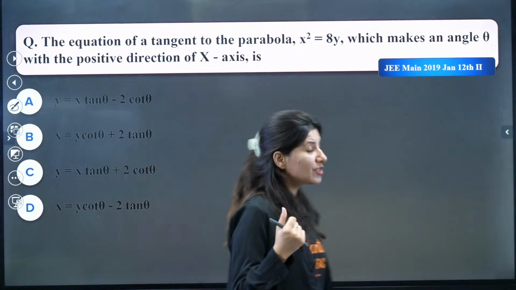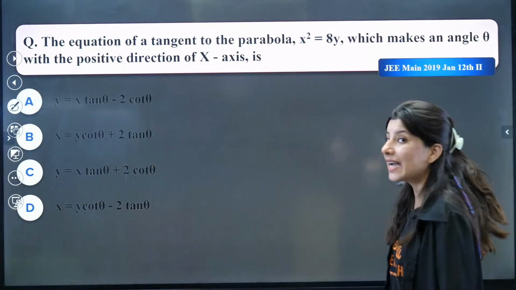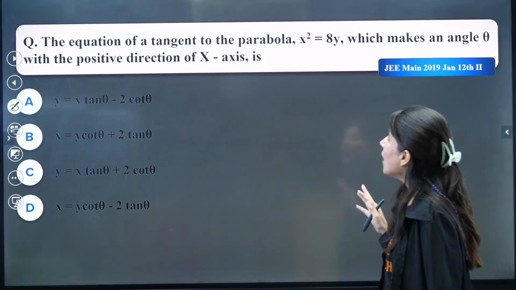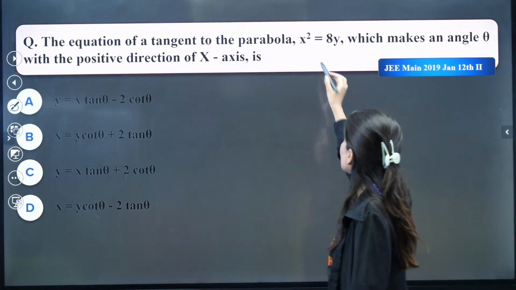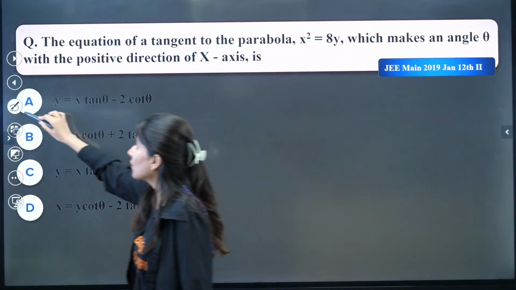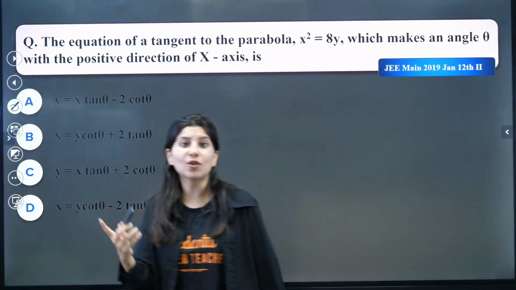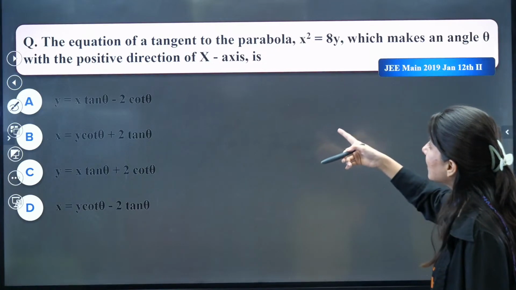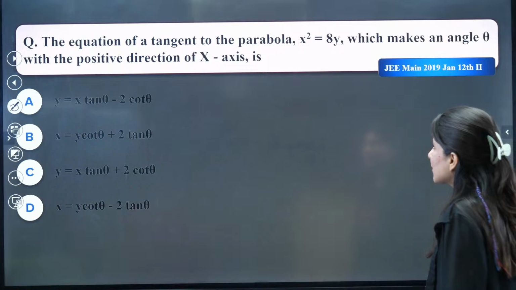Now we have a question from JEE Mains 2019, okay? And the question is related to the equation of tangent to a parabola. We'll understand this question nicely, okay? This is a very different kind of question. The equation of tangent to this parabola which makes an angle of theta with the positive direction of x-axis.